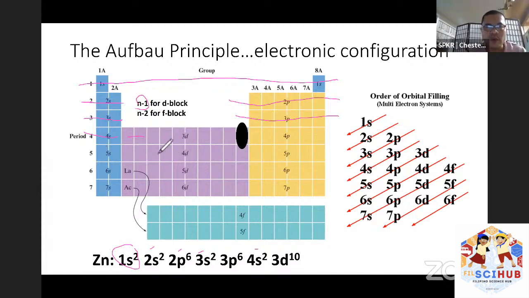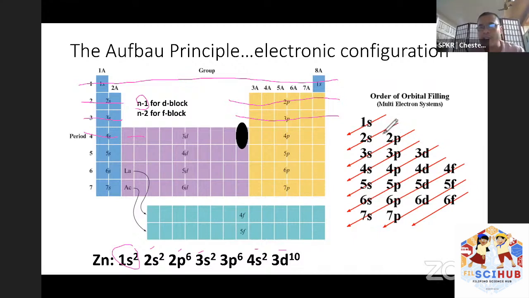Okay? So this is going to be 3d, not 4d. Okay? So period number, so 4 minus 1, so that's 3, and then 3d. Okay? So 3d10. Okay? So that's actually how to write the electronic configuration.